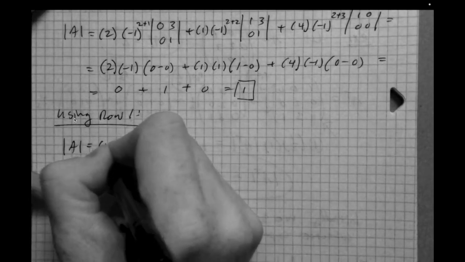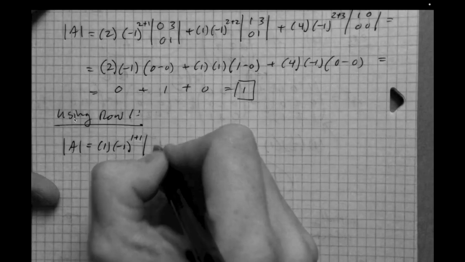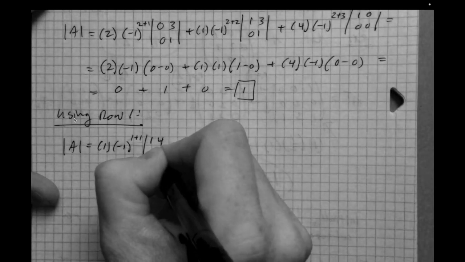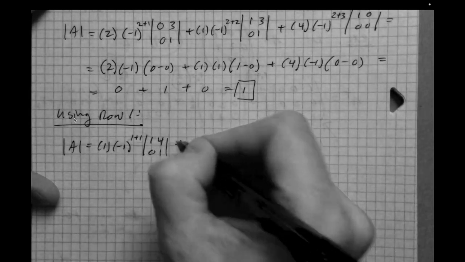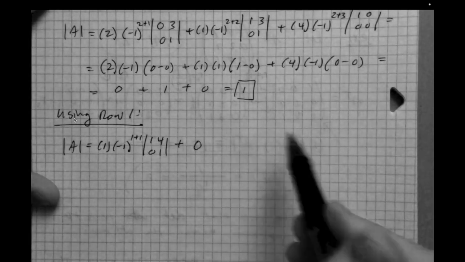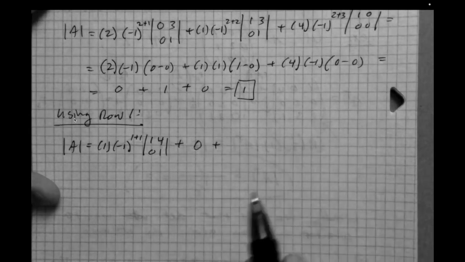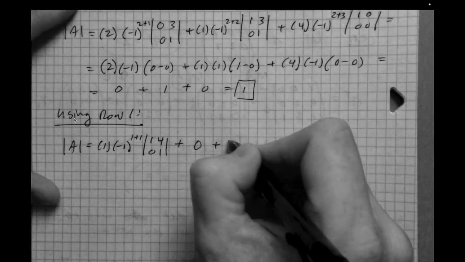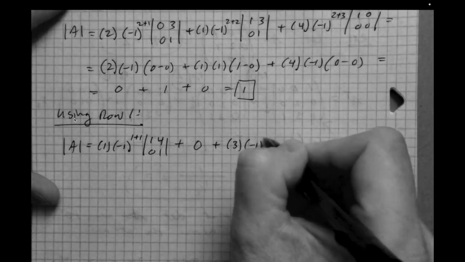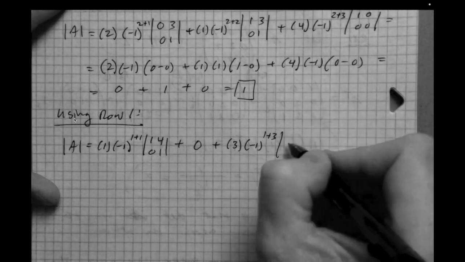So the determinant of A is equal to 1 times negative 1 to the 1 plus 1 times the [1, 4; 0, 1] submatrix plus 0, right? Entry 1, 2 is 0, so we can just put 0 there. We know it's going to be 0. And then plus 3 times negative 1 to the 1 plus 3 power, and then the submatrix is [2, 1; 0, 0].